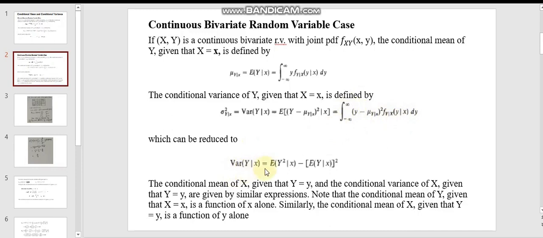It can be reduced as the expected value of Y square given X minus expected value of Y given X whole square.